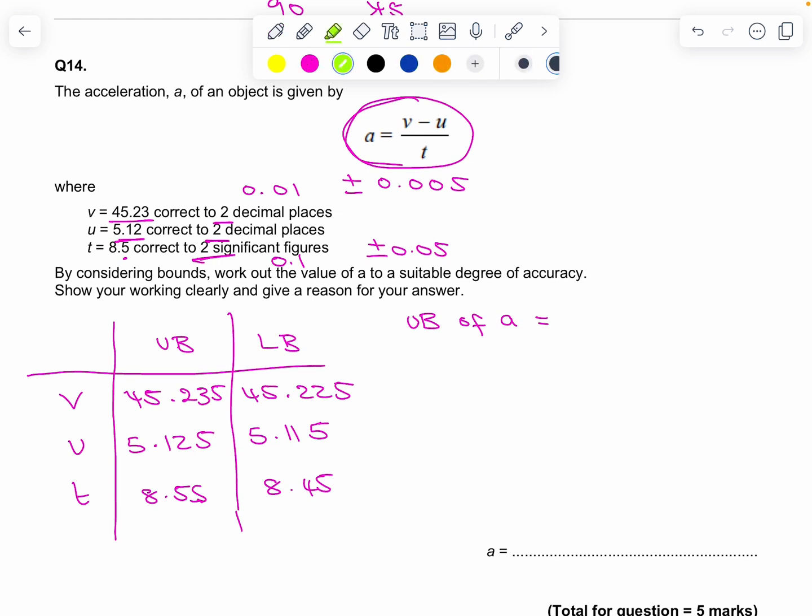I need to take my biggest possible V, which is 45.235. And I want my final answer to be the maximum, the biggest possible I could get. So I'm going to subtract my smallest U, which is 5.115.